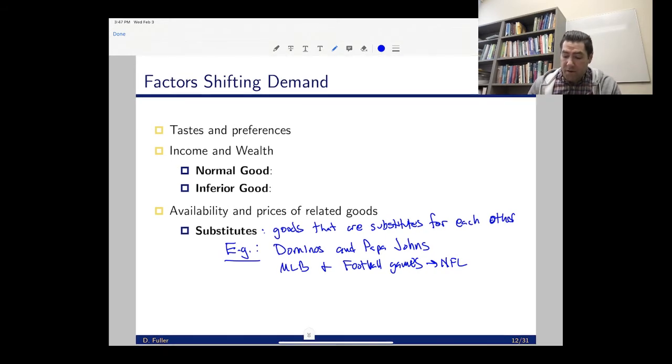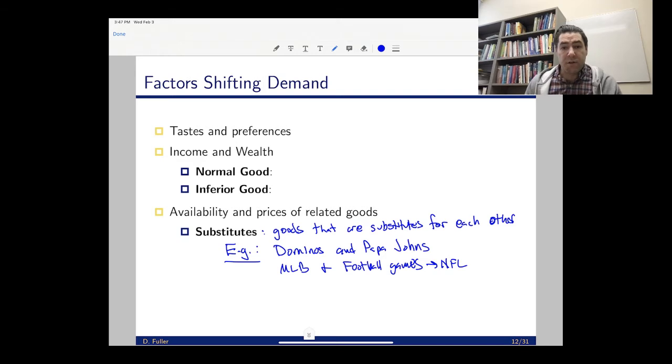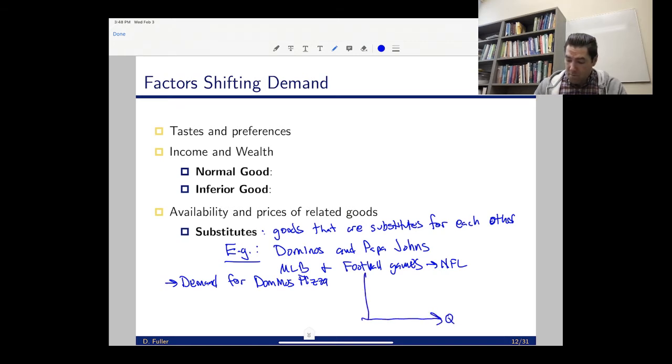So let's stick with our Domino's and Papa John's example here. And so let's look at demand for Domino's pizza. Right, so I've got a demand curve for Domino's pizza here, with quantity and price.